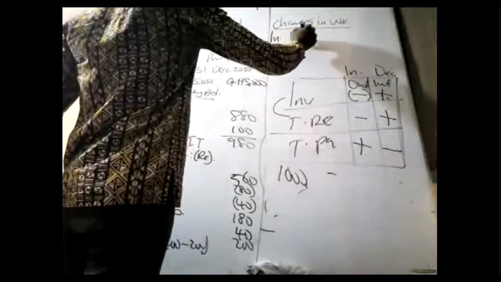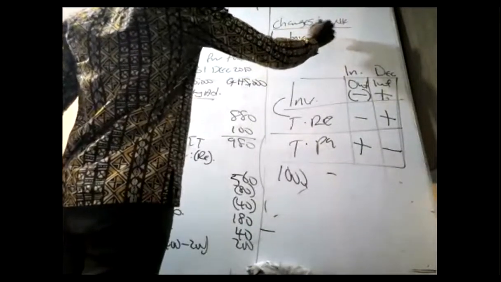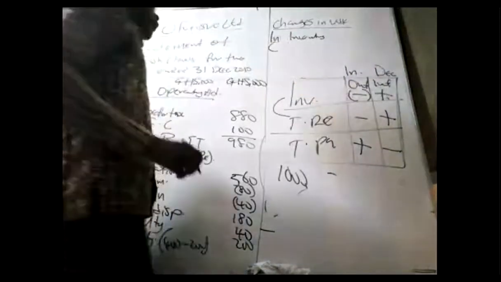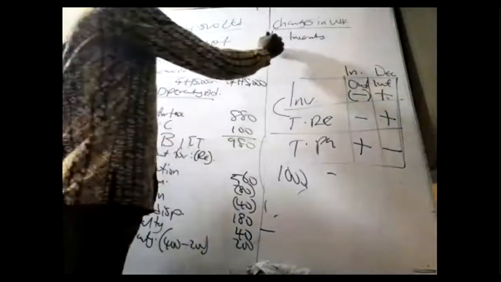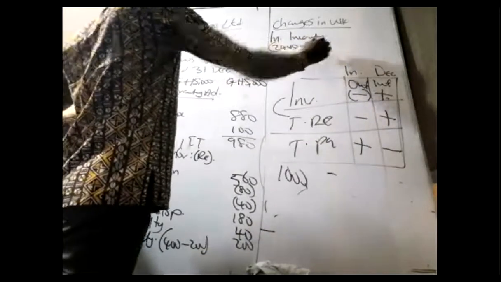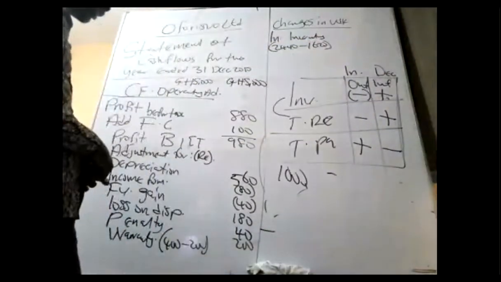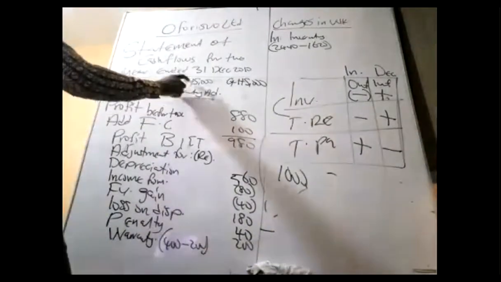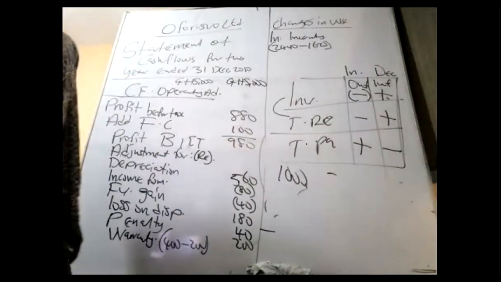Open a bracket and perform your workings. Show the examiner 2,440 minus 1,620. Don't forget to put the answer under the first currency.